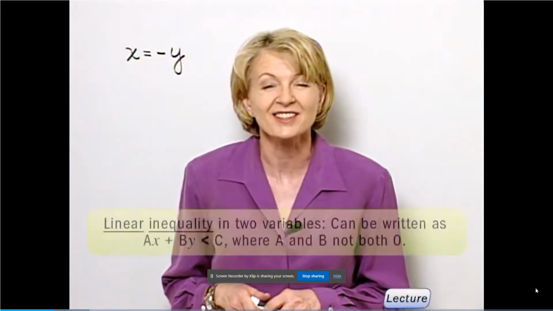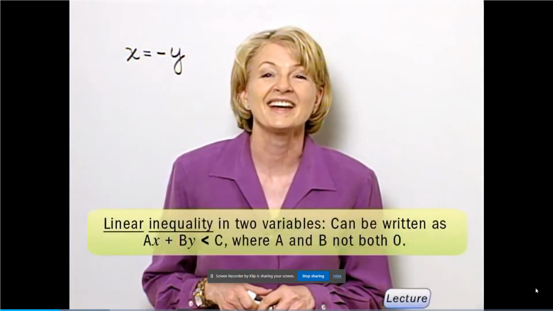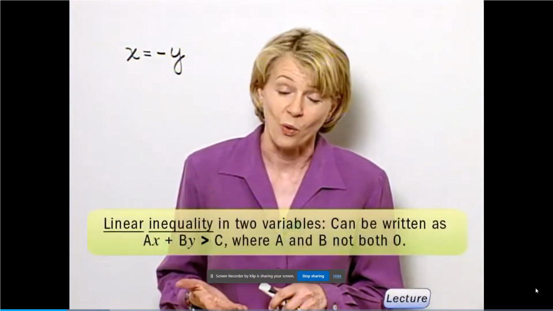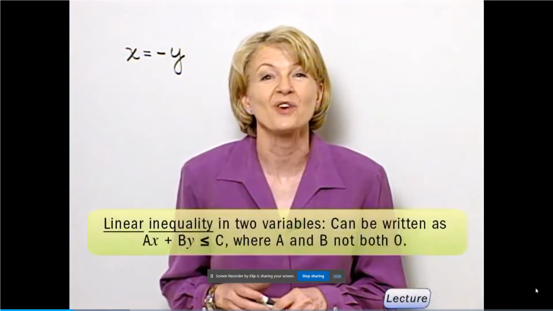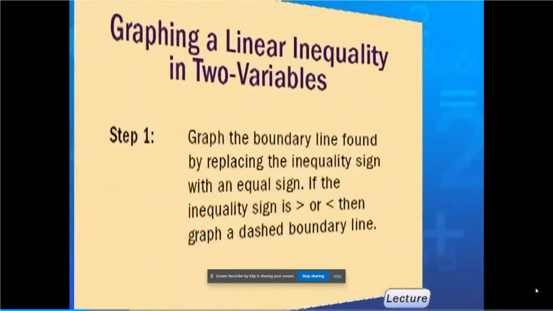So what is a definition of a linear inequality in two variables? It's one that can be written in the form ax plus by is less than c, or is greater than c, or less than or equal to c, or greater than or equal to c. Those are all examples of linear inequalities in two variables.